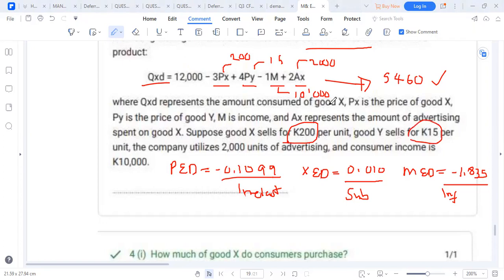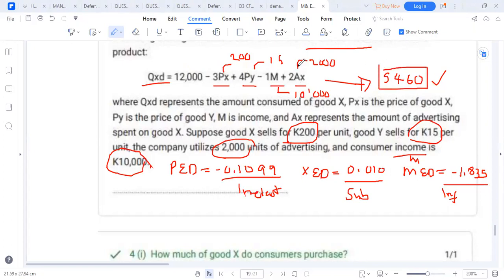We're also told 2,000 units for advertising, so where there's A, we'll put 2,000. And the income, which is M, is 10,000, so where there's M, we'll put 10,000. So substituting in this equation, the total value we're getting is that.